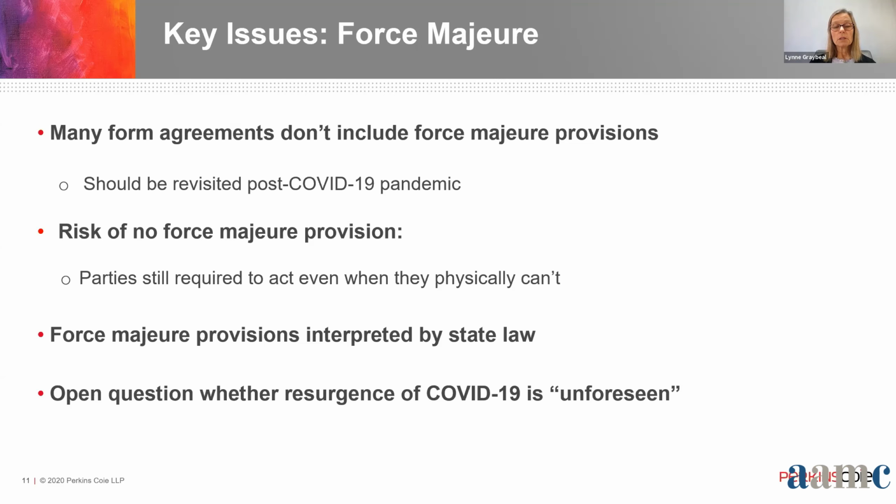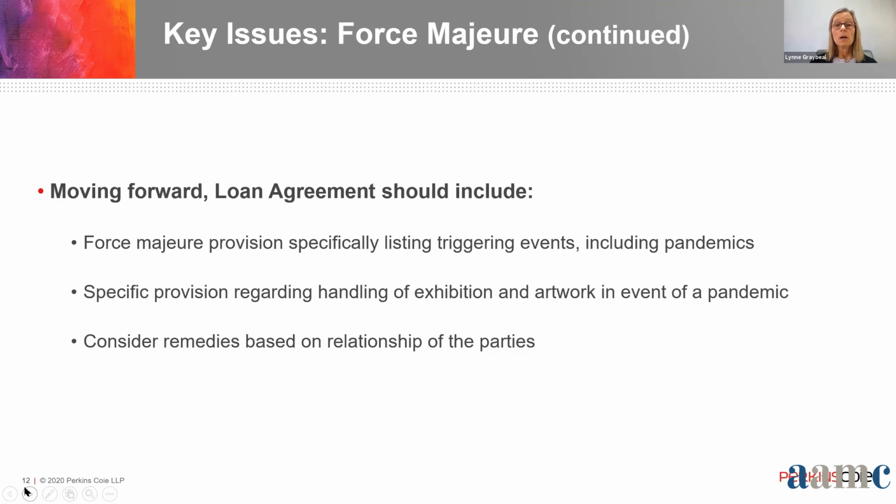Our recommendations at this point are to provide force majeure clauses. Colleen, you want to go to the next slide, please? Thank you. Within contracts, specifically list triggering events, but also provide a provision discussing how the exhibition and the artwork will be handled in the event of a pandemic outside a force majeure clause if force majeure does not apply.